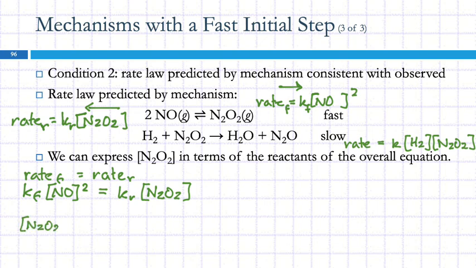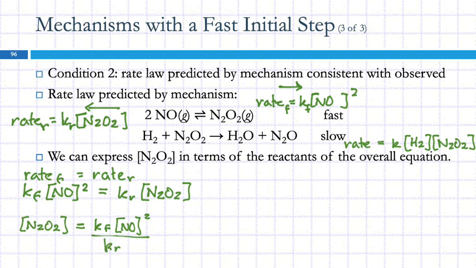So N2O2 must equal K forward times NO squared divided by K reverse. So I just divided both sides by K reverse. So N2O2 equals this divided by KR. So that's what I wrote in here. N2O2 is equal to that.